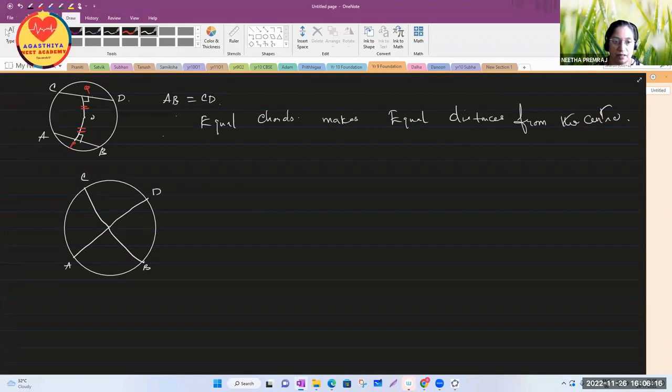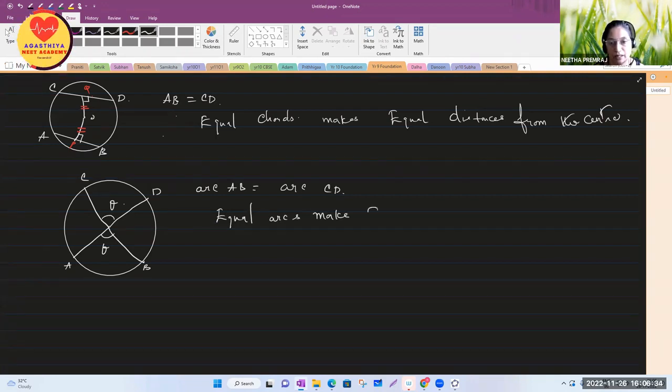CD. So arc AB is equal to arc CD. Then the angles are also equal. Okay. Equal arcs make equal angles at the center. Okay, this is another concept.